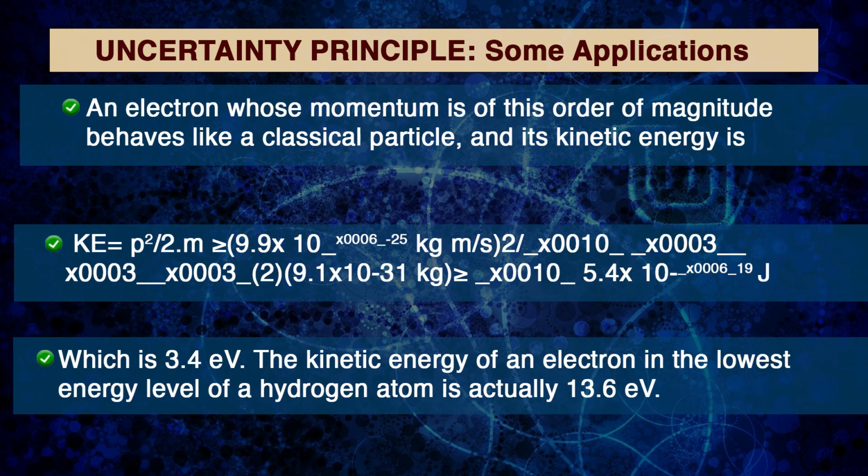So, the binding energy of that electron can be calculated by using Heisenberg's uncertainty relation also. This is also one good application of Heisenberg's uncertainty relation.